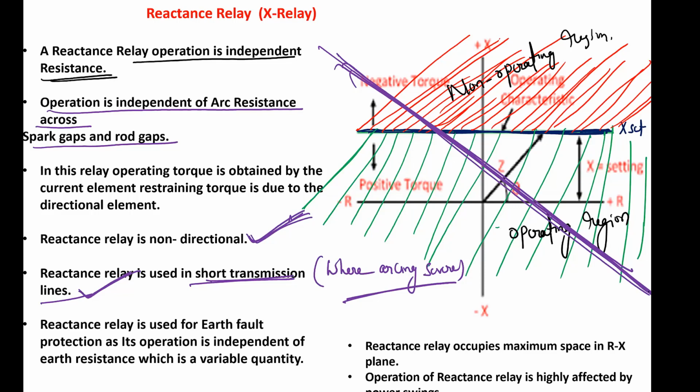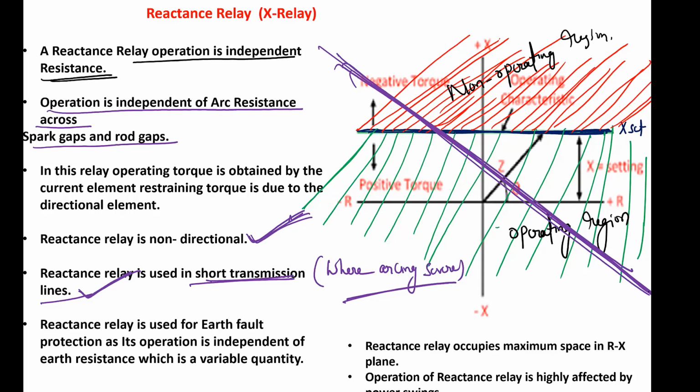So reactance relay is also used for earth fault protection. Why? Because the ground or the earth is purely resistive in nature, and depending upon the nature of soil moisture content, the resistance of the ground also changes, which may affect the relay operation. Ideally, we consider the earth to offer zero resistance, but however, it offers a very small resistance which may impact the operation of the earth fault relay that we have connected in the neutral of the transformer or generator.